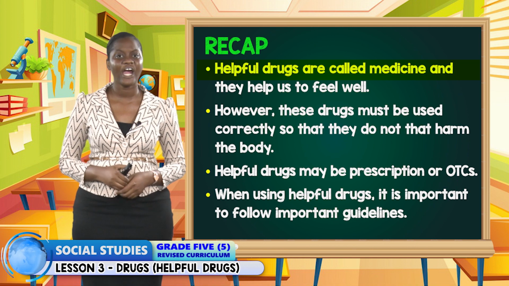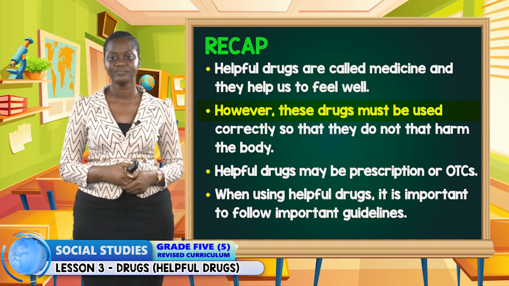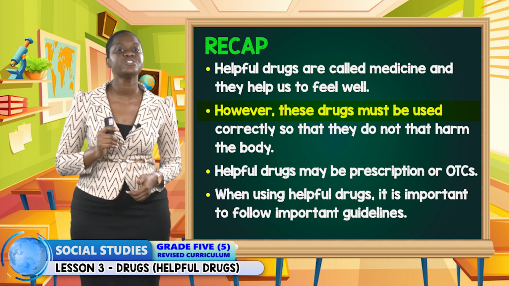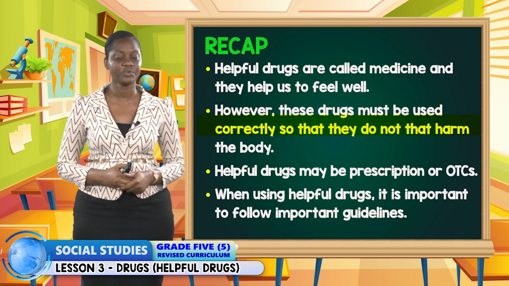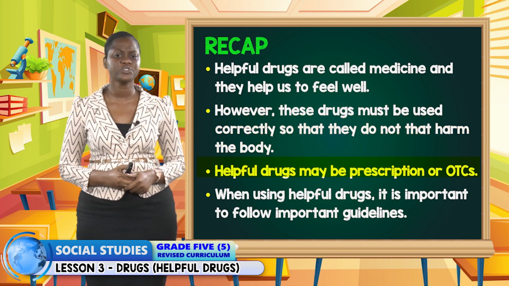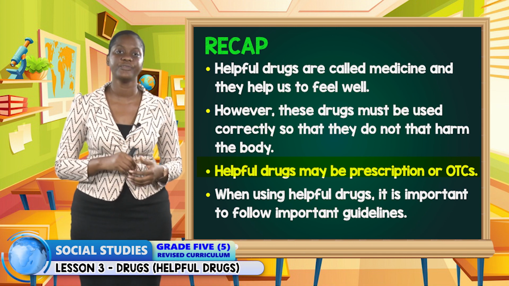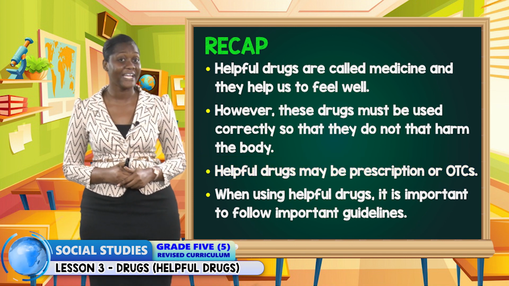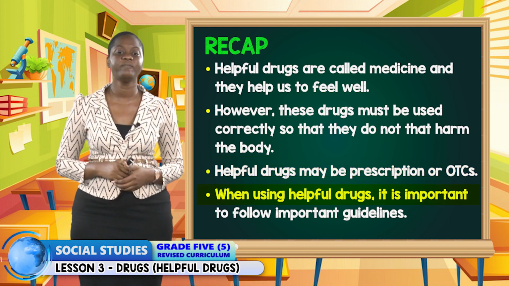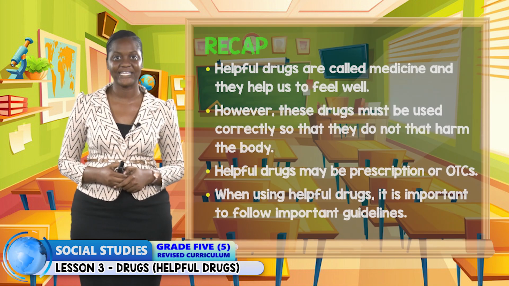Helpful drugs are called medicine and they help us to feel well. However, these drugs must be used correctly so that they do not harm the body. Helpful drugs may be prescription or over-the-counter drugs. And finally, when using helpful drugs, it is important that we follow the guidelines.